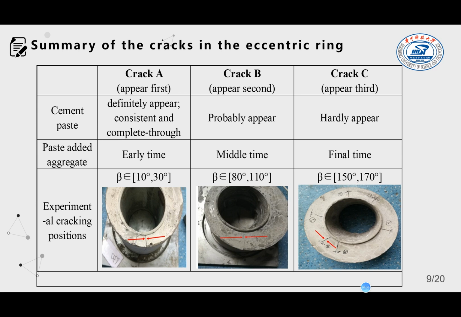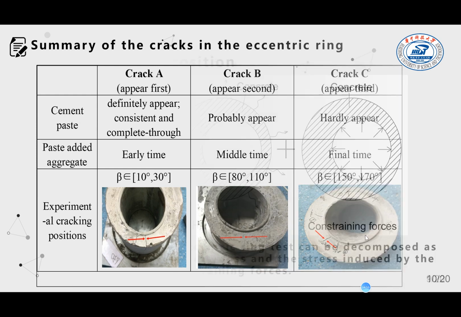Also, we make a summary of the cracks in the eccentric ring test. Crack A appeared first, then crack B and crack C may appear. Depending on the water-cement ratio and aggregate content, those cracks will appear from the thin side to the thick side.